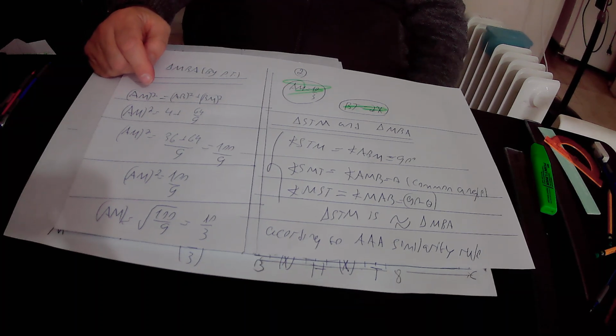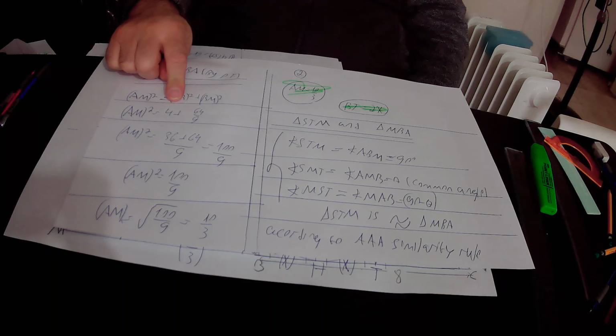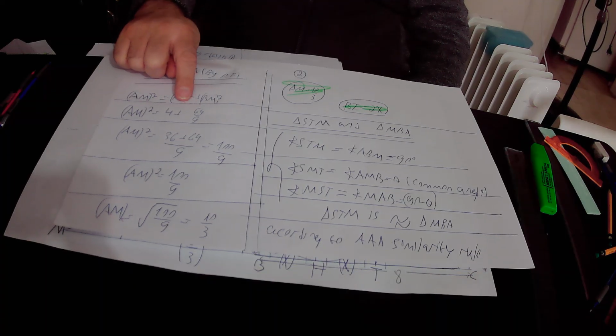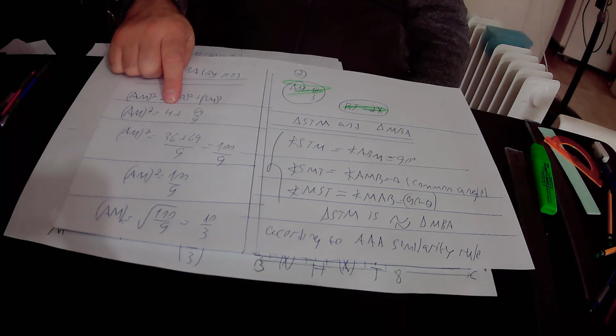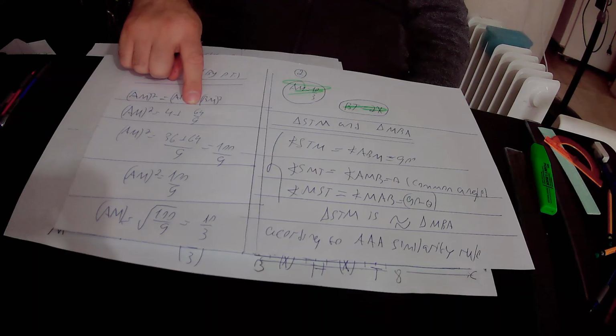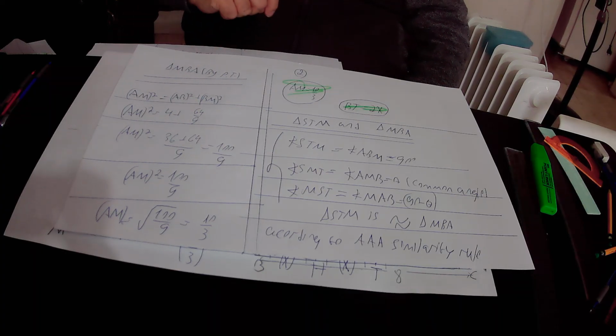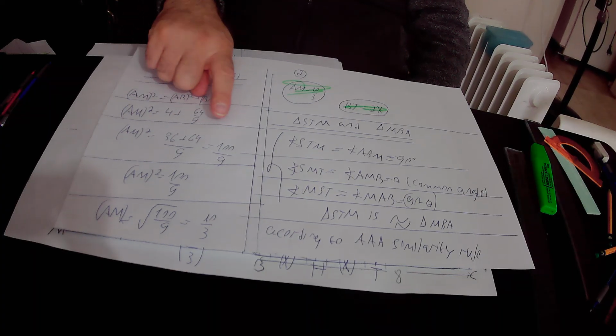So AM squared equals, here we multiply 4 by 9 and then divide by 9 in order to get a common denominator with 64 over 9. 9 times 4 is 36, so in the numerator we have 36 plus 64, divided by 9. 36 plus 64 is 100, divided by 9.